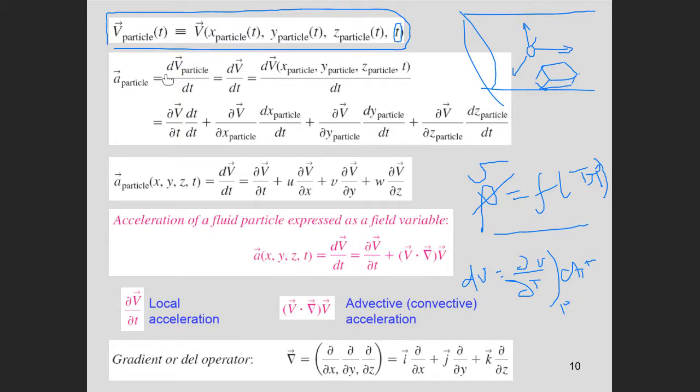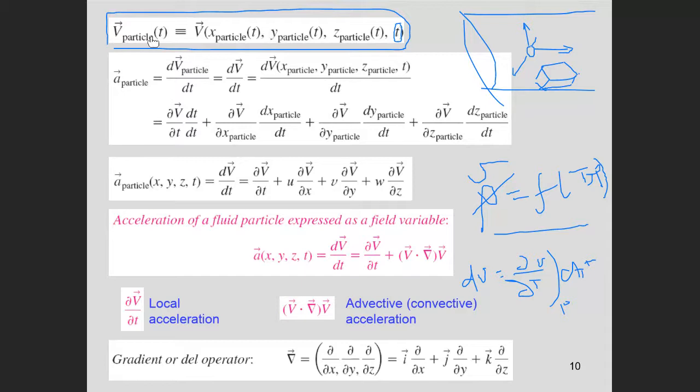So dV by dt, that is the acceleration, is equal to what? Differentiating all this, it will become del V by del t dt by dt, plus del V by del x dx by dt, plus del V by del y dy by dt, plus del V by del z dz by dt. This is a simple differentiation of this function.